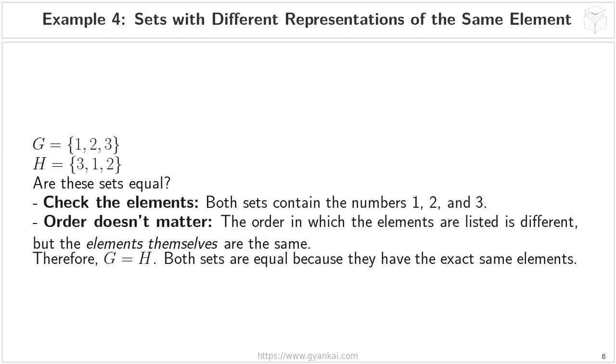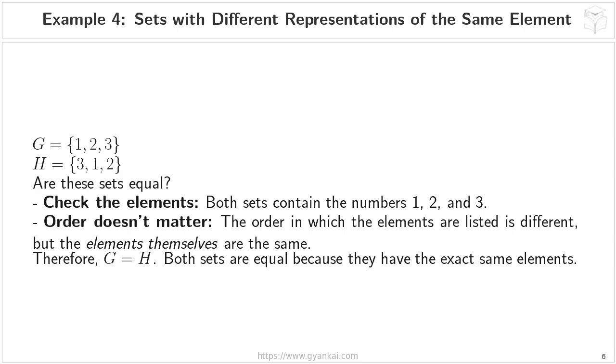Therefore, we can confidently say that G is equal to H. Both sets are equal because they have exactly the same elements, regardless of the order they're presented in. This reinforces the core principle we've been building on. Equality of sets depends solely on their contents, not their arrangement. Keep this in mind as we move forward and remember the important distinction about repeated elements, which we covered in a previous example.